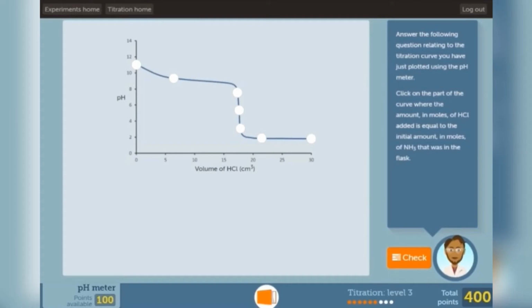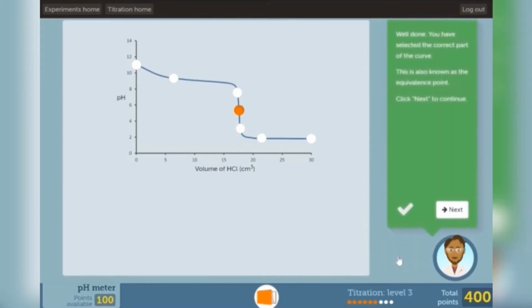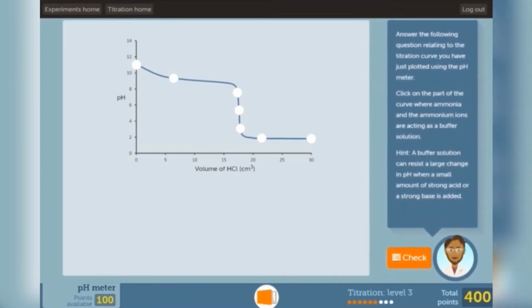The fourth point is the point on the curve where the amount of hydrochloric acid added is equal to the initial amount of ammonia. The second point is the region where the equilibrium system of ammonium and hydroxide ions produced by ammonia in water can neutralize small amounts of strong acid and therefore resist a large change in pH.